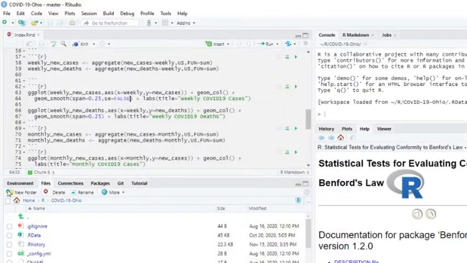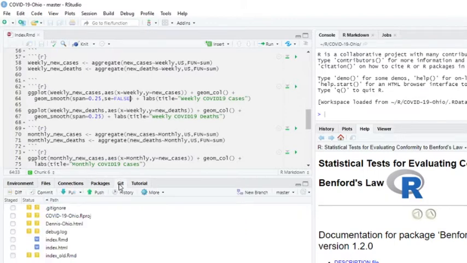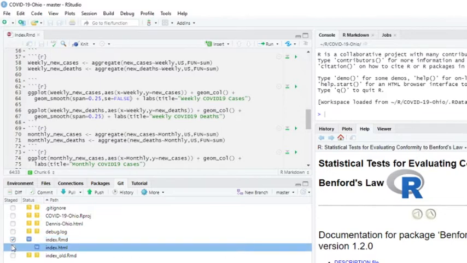So overall, Ohio is still struggling, like most of the states in the U.S. are struggling to control COVID-19. So now I'll take care of the report for.